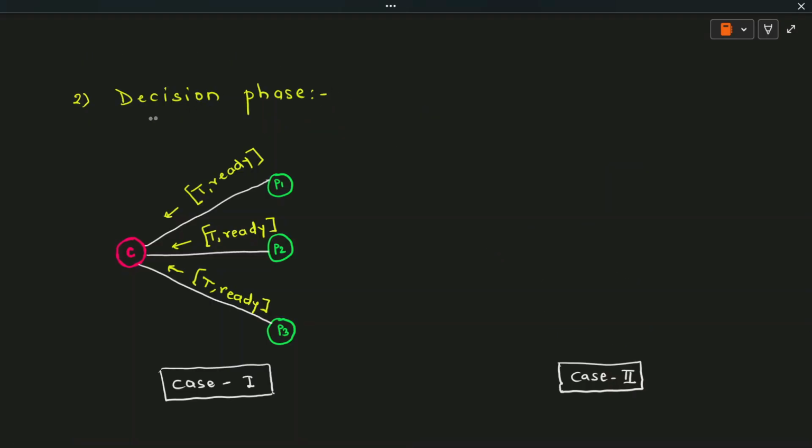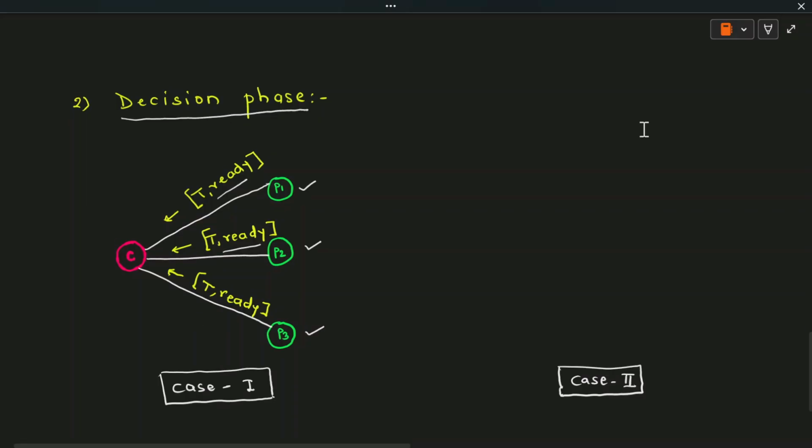Now with this, the algorithm enters the second phase, which is called the decision phase. In the decision phase, superficially, we can see two cases. In the first case, all the participating sites, that is P1, P2 and P3, send the T ready message to the coordinator site once they receive the T prepare message from the coordinator site. It means that all participating sites are ready for committing the transaction.